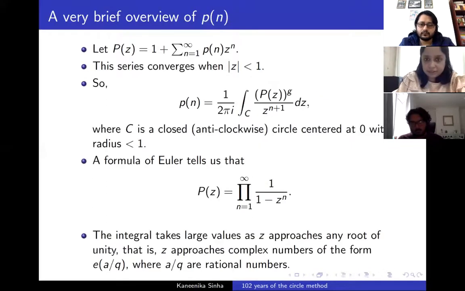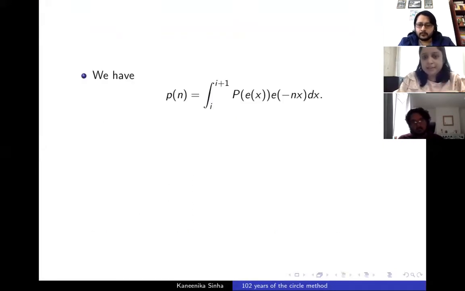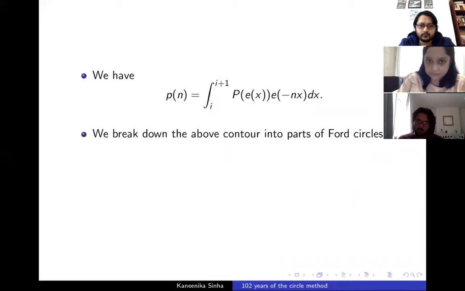Going back to the expression of P of n, we make a suitable change of variables. And this time we end up integrating not from 0 to 1, but from i to i plus 1 of the same expression that we had before. If you want to integrate this function, which is analytic in the upper half plane, we end up breaking this contour down into a more complicated contour, which I'll show you in a second.